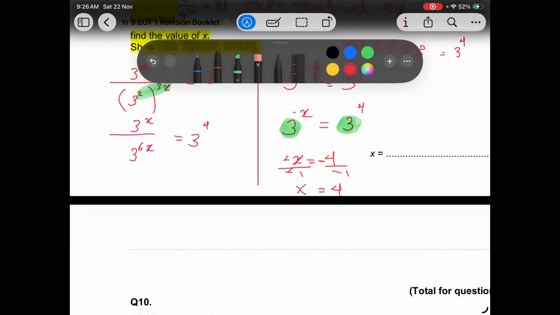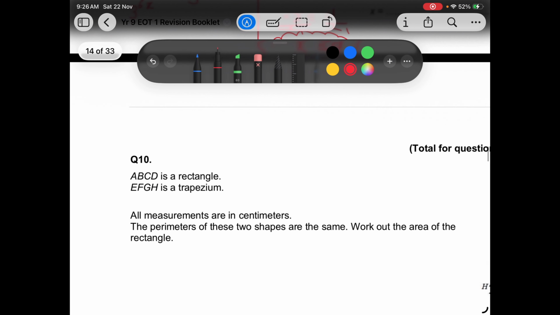So this is the value of 4. This is not minus 4 as it is. It's 4 over minus 1, which is minus 4. So this is my last response to this problem. Okay, x is minus 4.